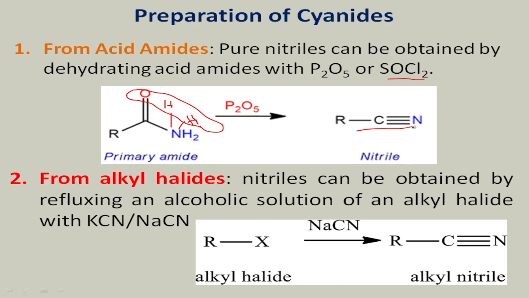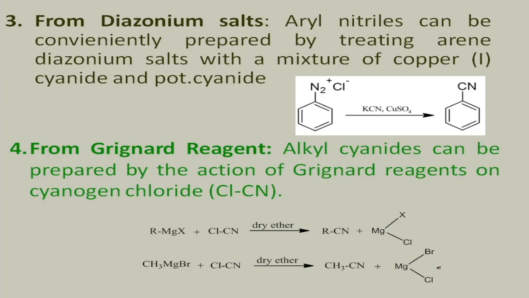Number 2, from alkyl halides: nitriles can be obtained by refluxing an alcoholic solution of an alkyl halide with potassium cyanide or sodium cyanide. When an alkyl halide reacts with sodium cyanide, you get an alkyl nitrile.